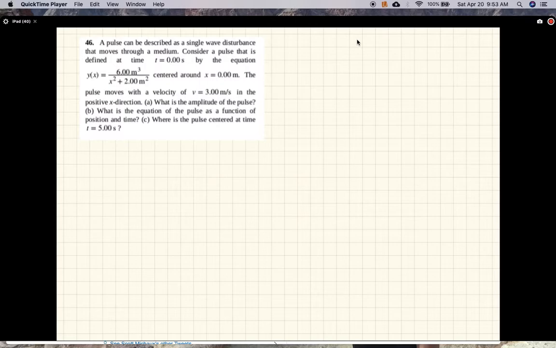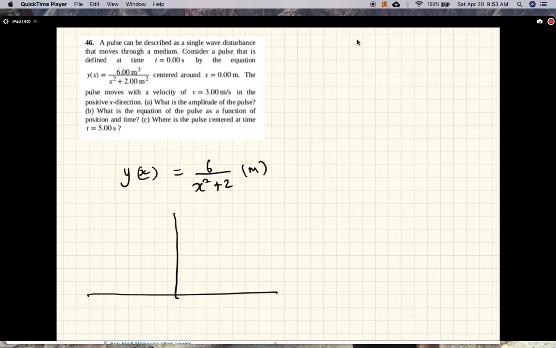So here's the pulse. I'll use a little simplified notation. There it is. And you can plot this on a graphing calculator or whatever, and the pulse will look something like this, sort of a bell-shaped curve.